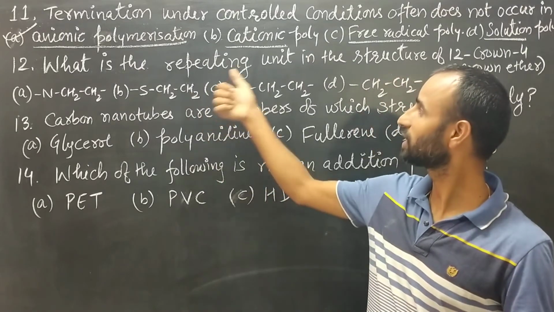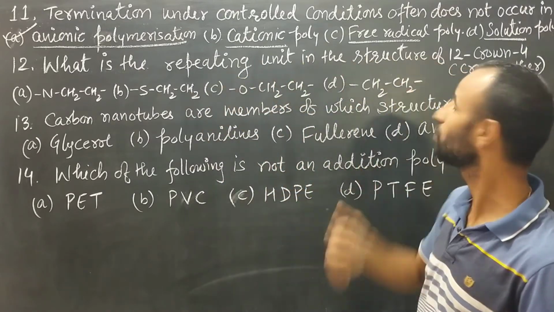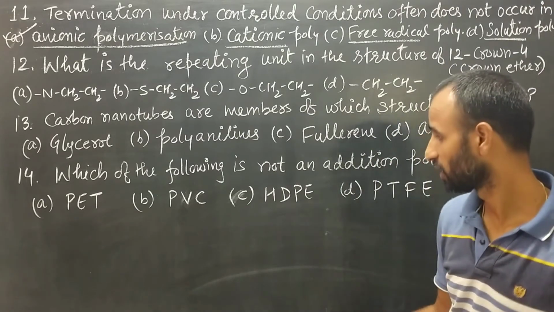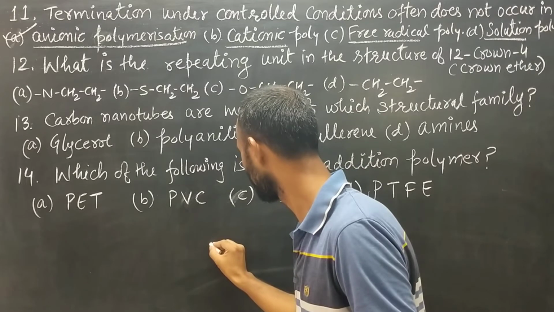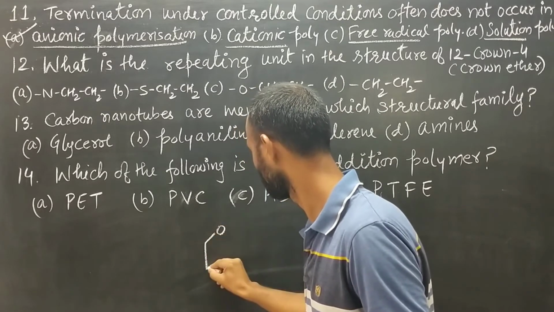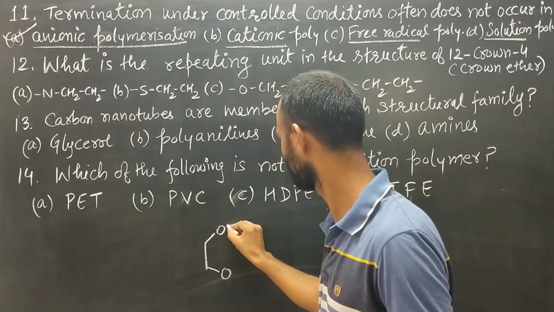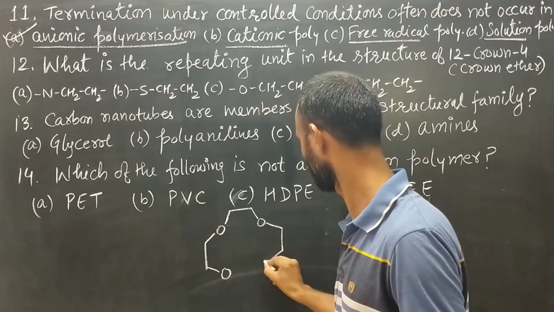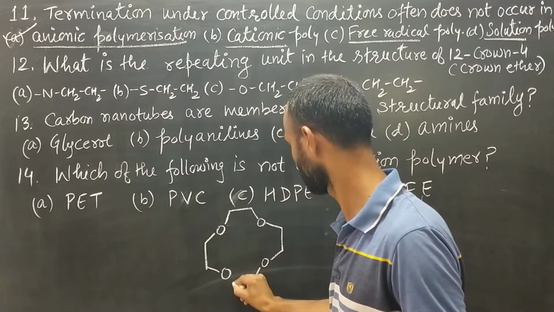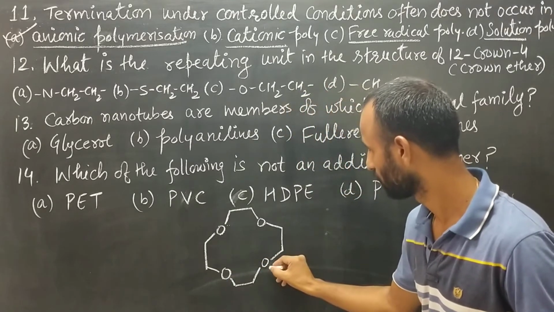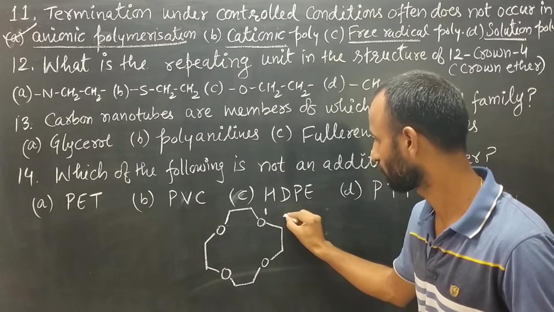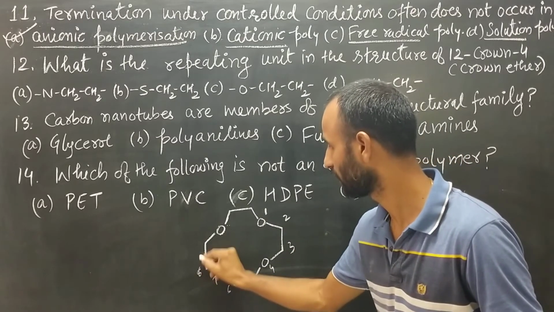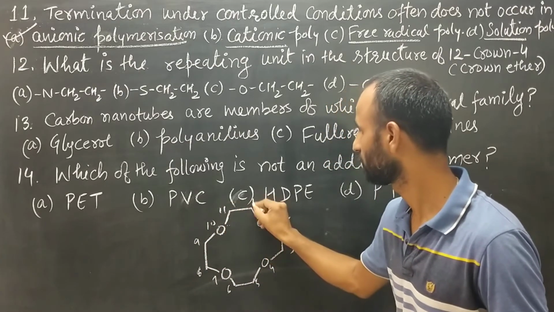Now, what is the repeating unit in the structure of 12-crown-4? It is a crown ether. Numbering can be done from any side: 1, 2, 3, up to 12.